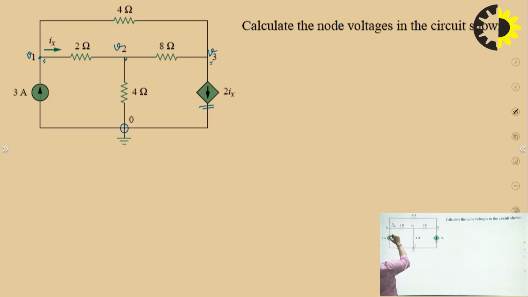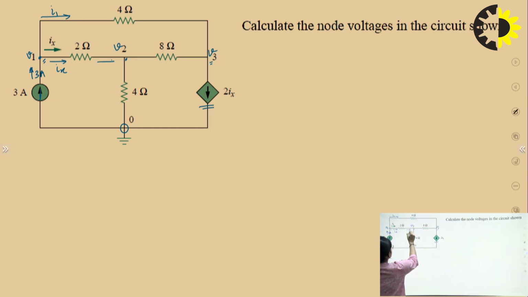So, this current is 3 amperes. Now say this current is I1 and this current is Ix. It is written over there. Now mark all the currents at node 2.